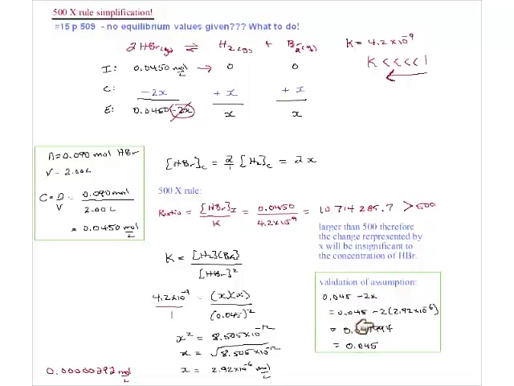So with 2 significant digits, the 9 rounds up, and it ends up being 0.045. Sure, that's exactly what we started with. That's what we mean by being insignificant. Yes, there is a change, but the change is so subtle, it makes no difference to what we started with. And the reason is because K is so tiny. There we go.